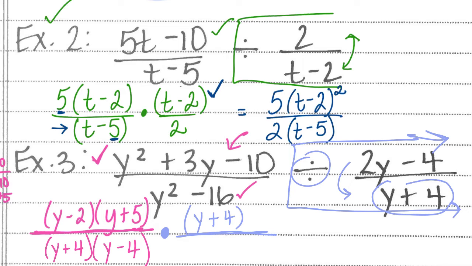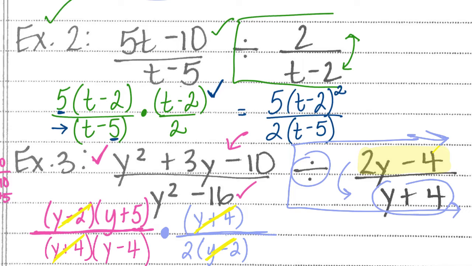What can I factor out of 2y minus 4? Good, I can take a 2 out, and I have y minus 2. So now I think you'll see a bunch of things that can cancel out. Y minus 2 and y minus 2. Y plus 4 and y plus 4.